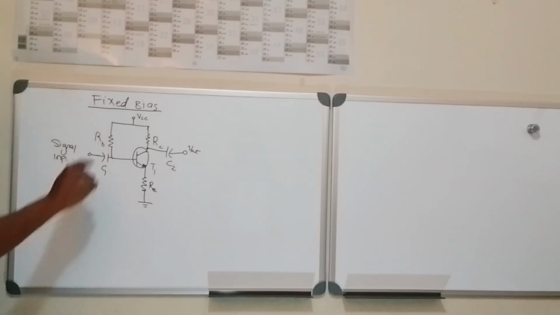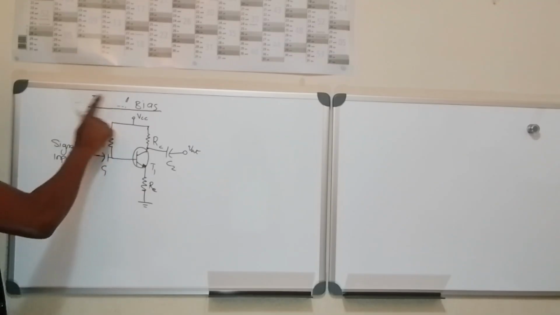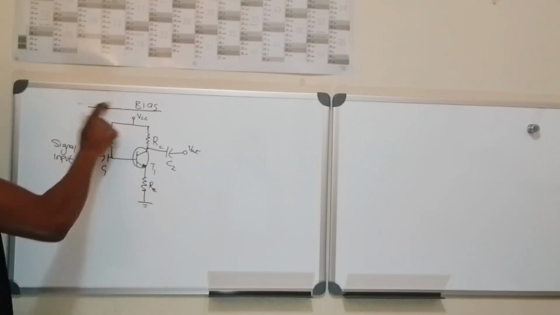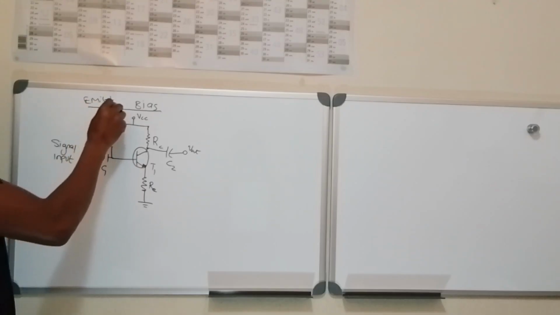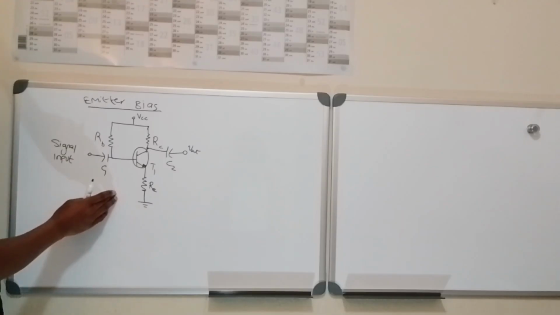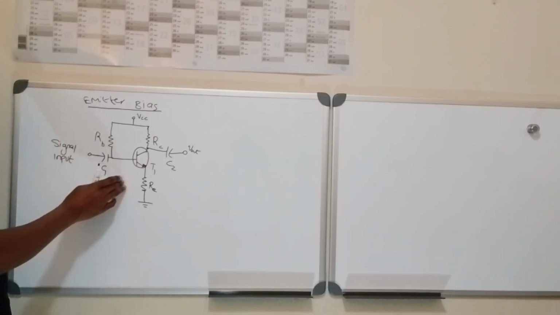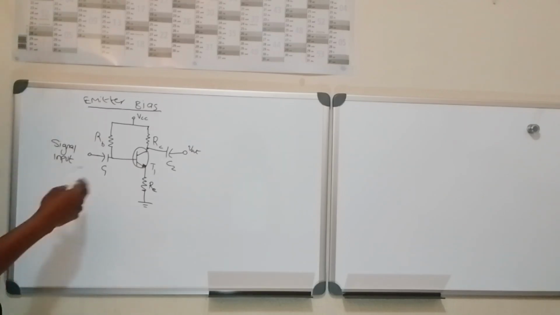It is no longer a fixed bias. But what is it? It's emitter bias. The emitter bias is a little more stable than the fixed bias.